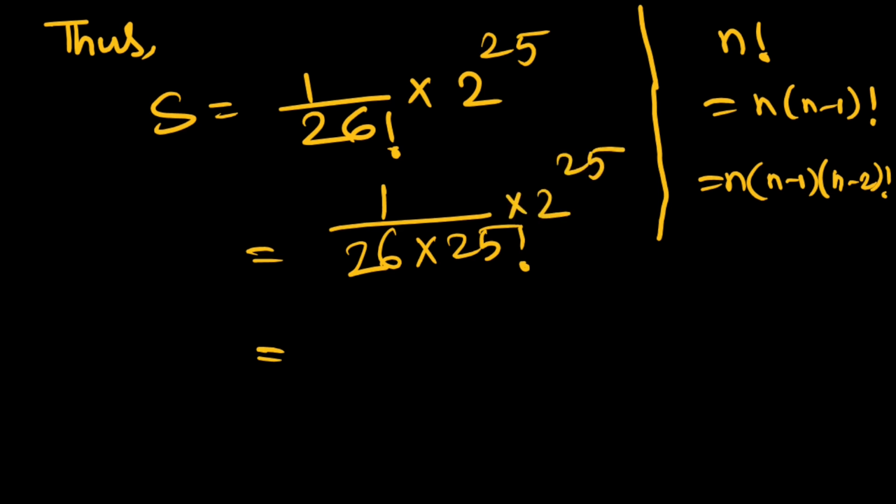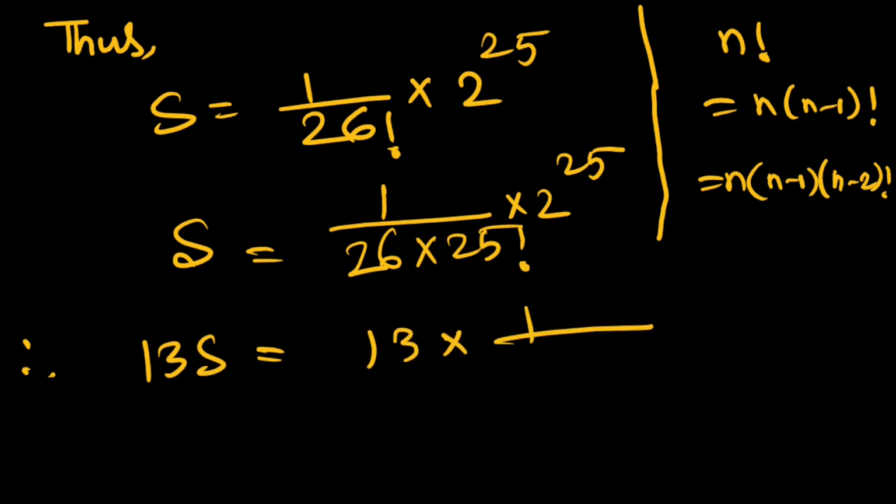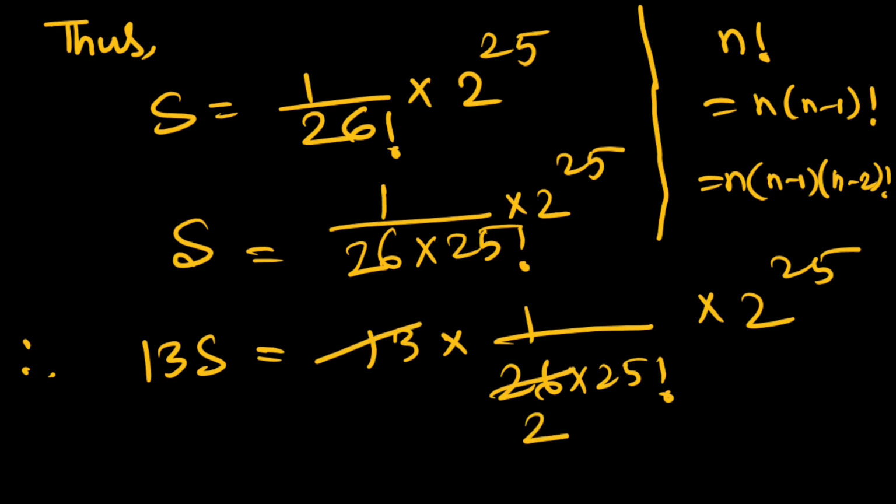Now our actual goal is to find 13S. Therefore 13S is equal to 13 multiplied by 2 to the power 25 over 26 times 25 factorial. 13 and 26 cancel by 2, so it will be 2 to the power 25 over 2 times 25 factorial.